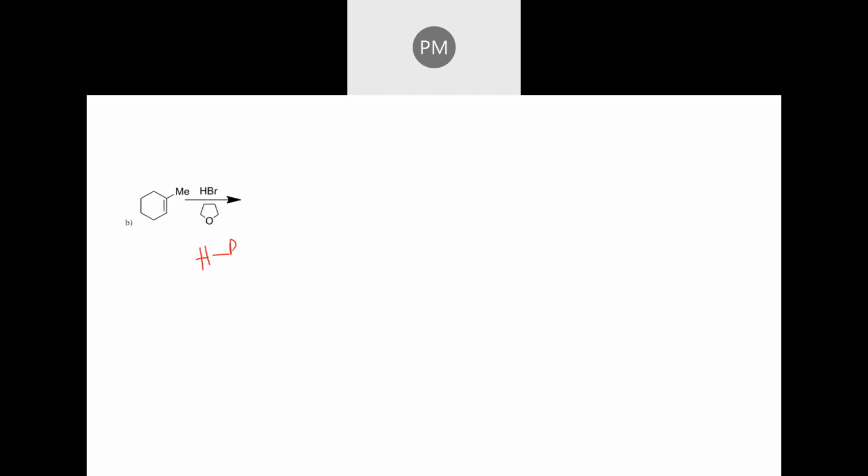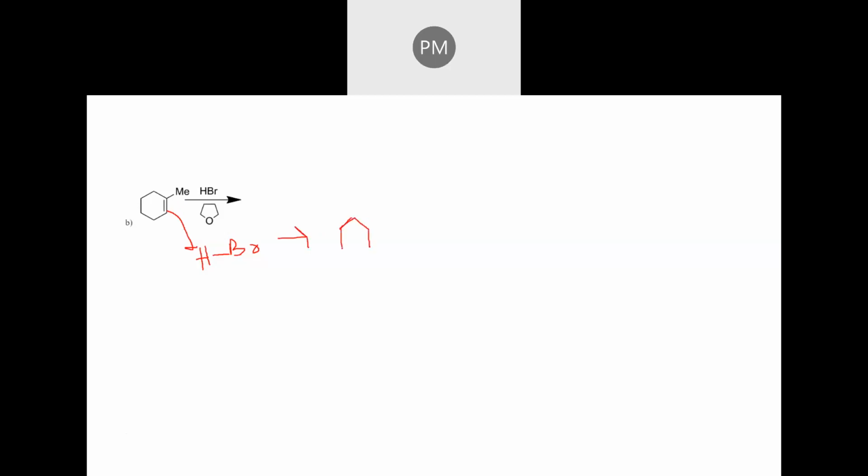Hydrogen can add at the methyl position, or it can add at this position. But the most stable carbocation will be produced when hydrogen is added at that position. So why? If the hydrogen attacks here, what will happen?